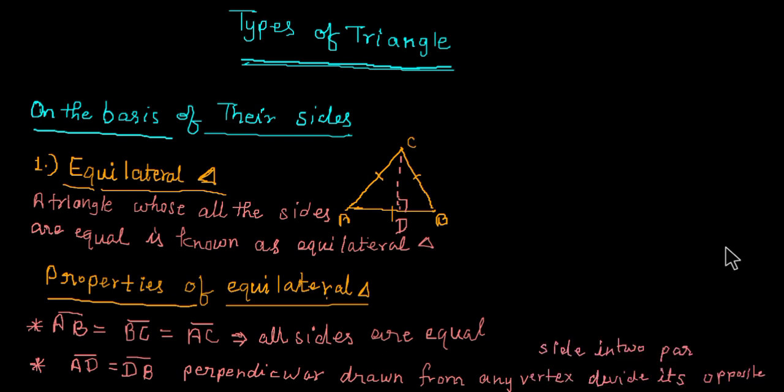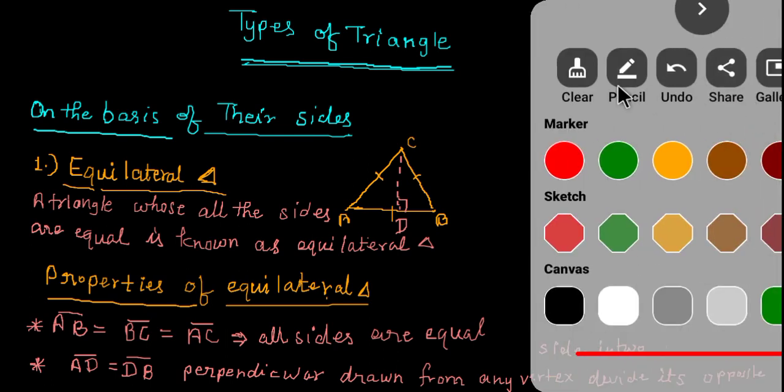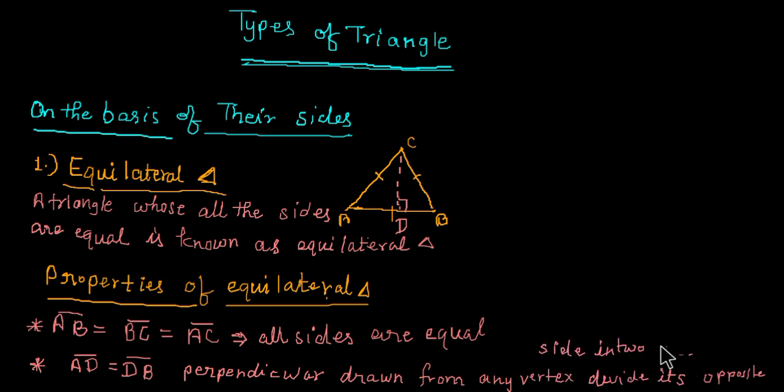We will write here two equal parts, not two parts. It will divide its opposite side in two equal parts. So this is the next property.